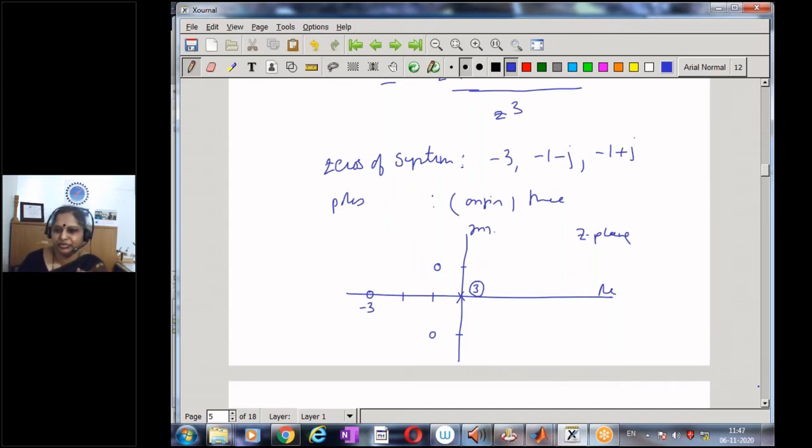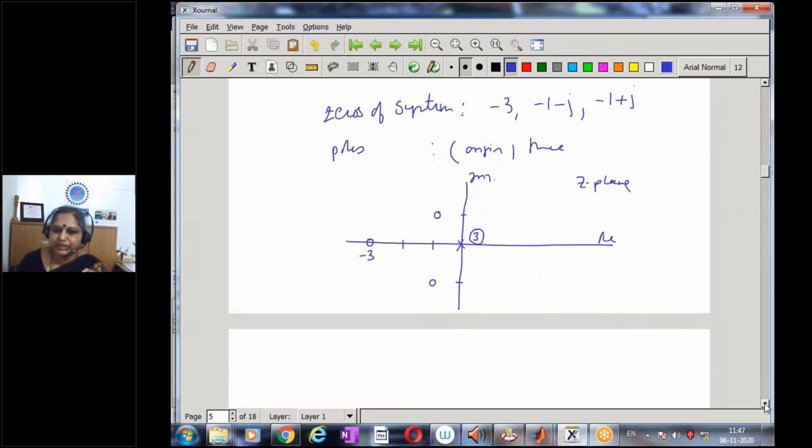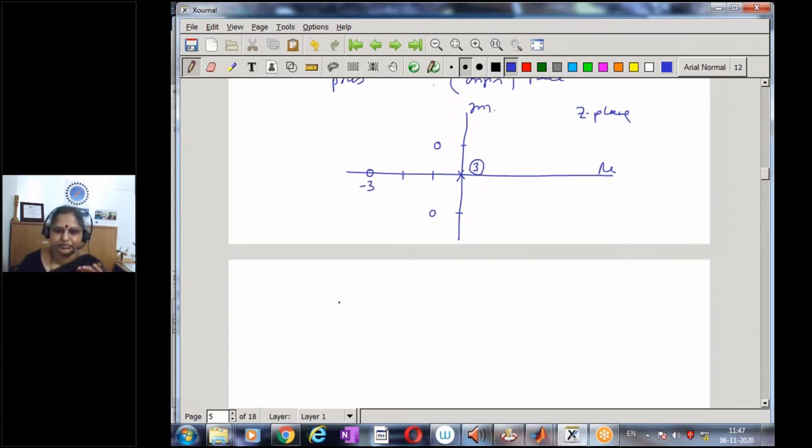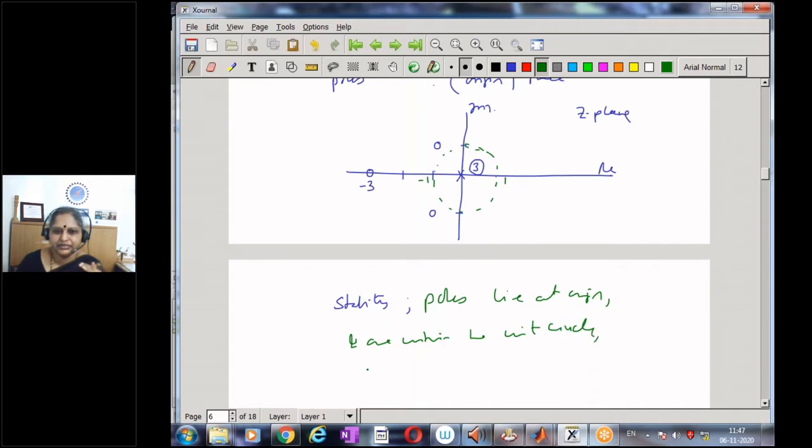By looking at the pole zero plot, we can immediately comment on the stability of the system. And in this case, we have 3 poles. All the poles are lying within the unit circle. If I take this as my unit circle, so all 3 poles lie at the origin, and are within the unit circle, and hence the system is stable.